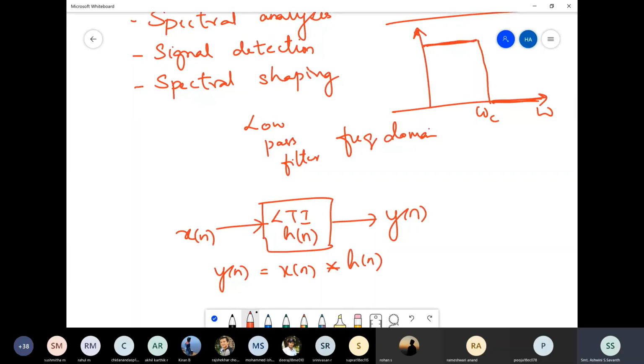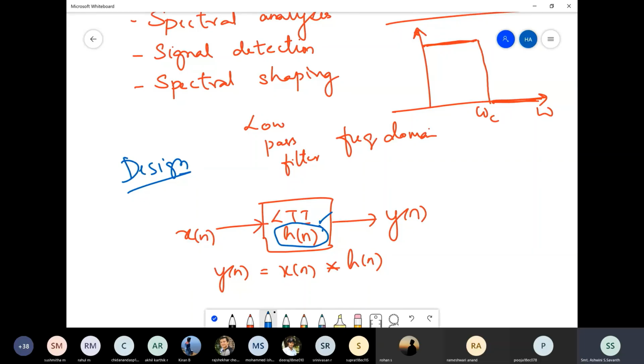When I say we are designing a system, what are we interested in finding out? We are interested in finding out the impulse response of the system. So far in the problems given to you, the impulse response and the input were given, and you were just finding the output. You didn't bother about what h of n has to be.